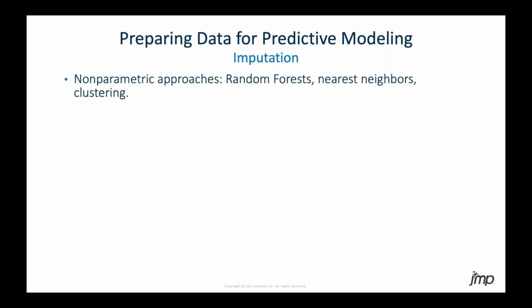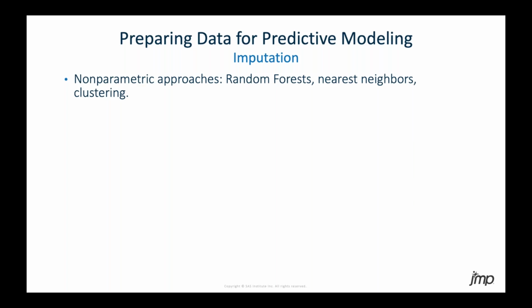The idea there is that if I want to predict a row with missing values, I find the row in the data table it's closest to, and that definition of closest is what something like nearest neighbor or clustering is going to work on.